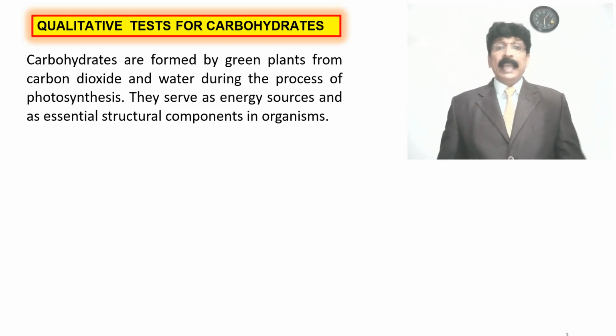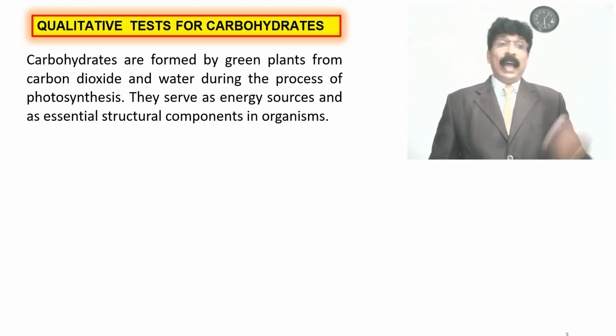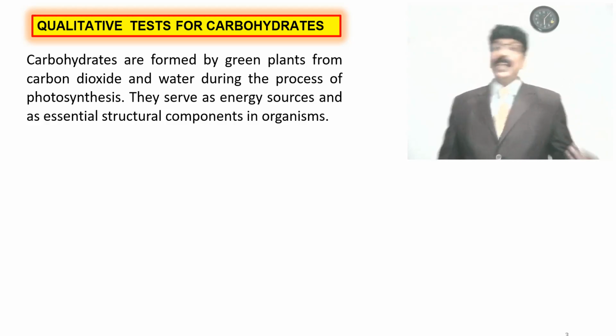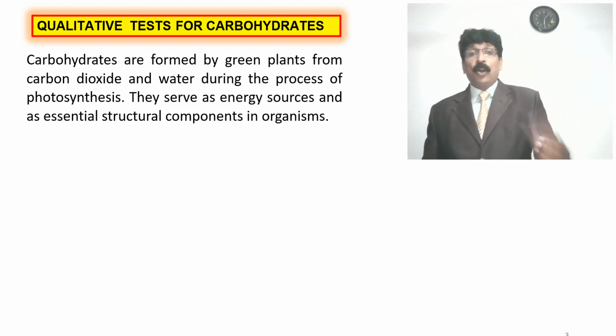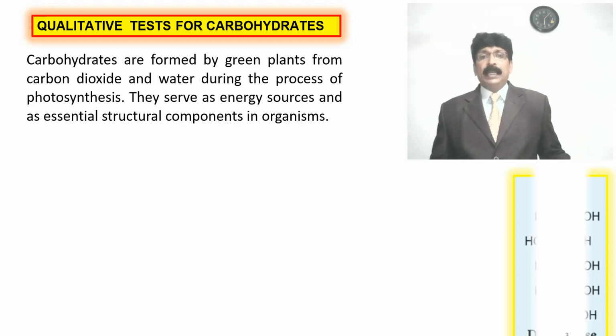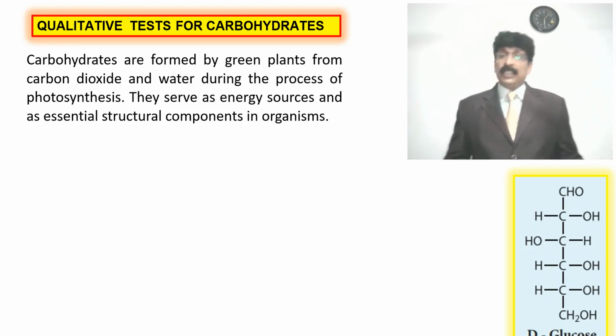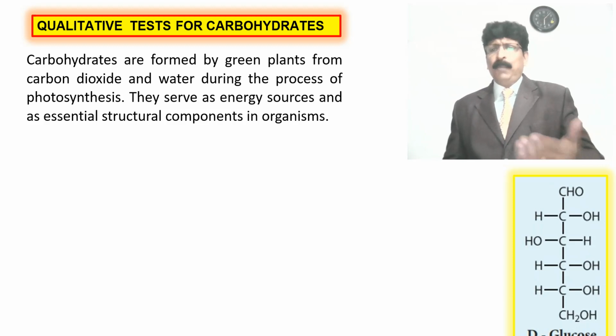They serve as an energy source and an essential structural component in organisms, and are a very essential primary metabolite for animals also. We first start with the simple monosaccharide D-glucose.